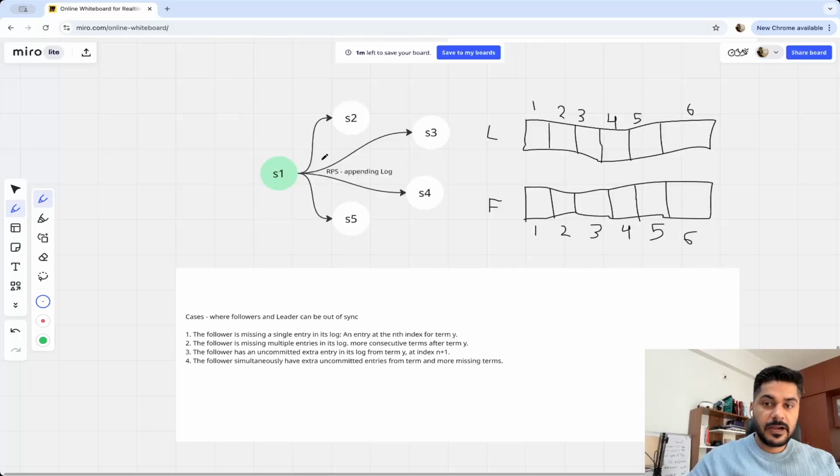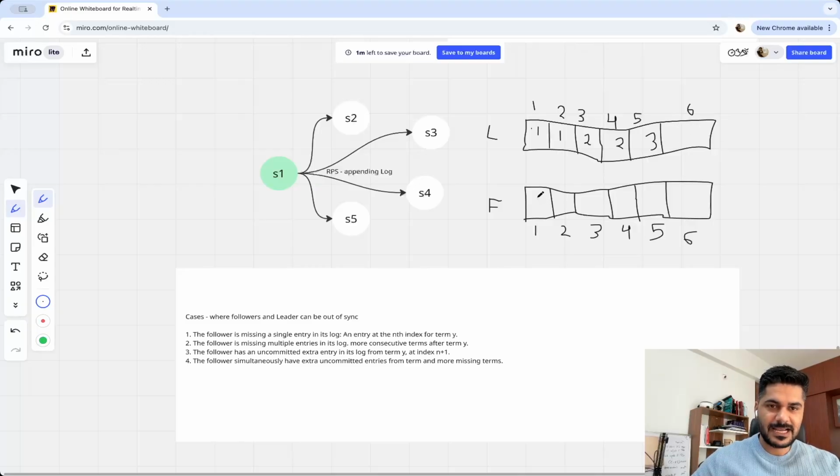What should happen in the ideal, positive case which we discussed is that all these entries at both machines, leader and follower, have exactly the same term. For simplicity, let's just keep it one, again the same term, then two, two, and then three, and nothing here.